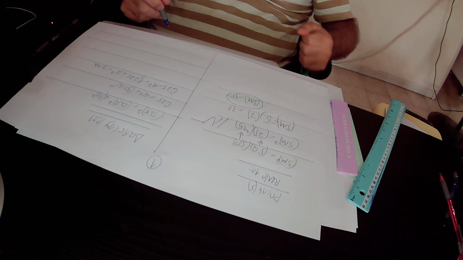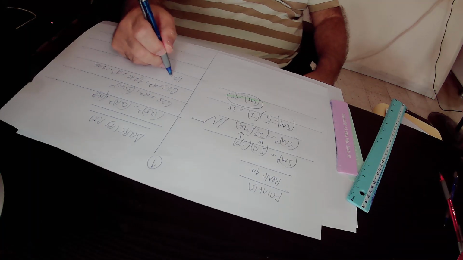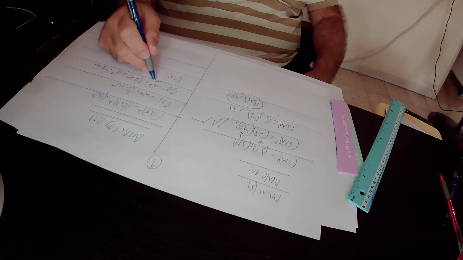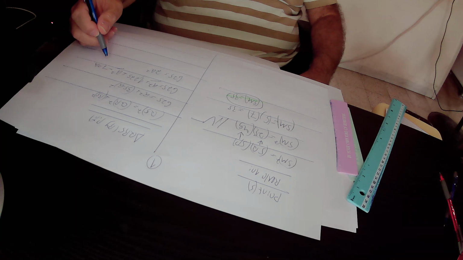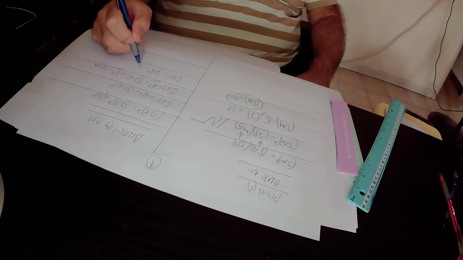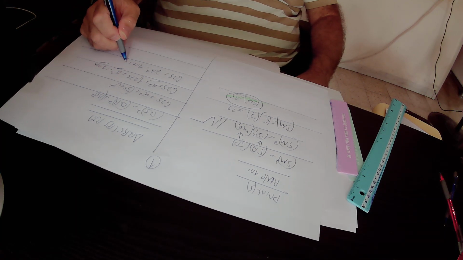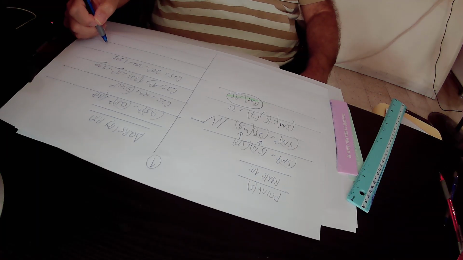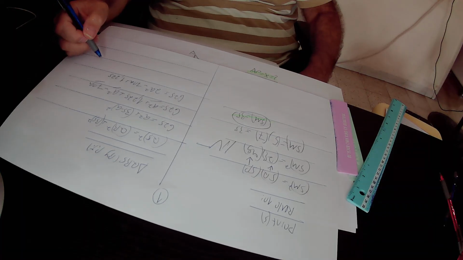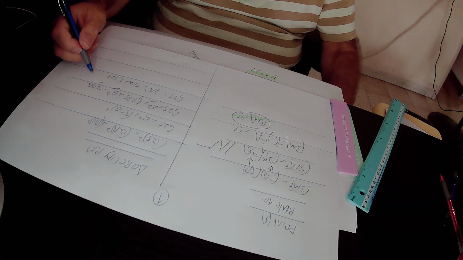So 625 equals A squared plus A squared, which is 2A squared, minus 70A, plus 1225. Here we subtract 625 from this equation.